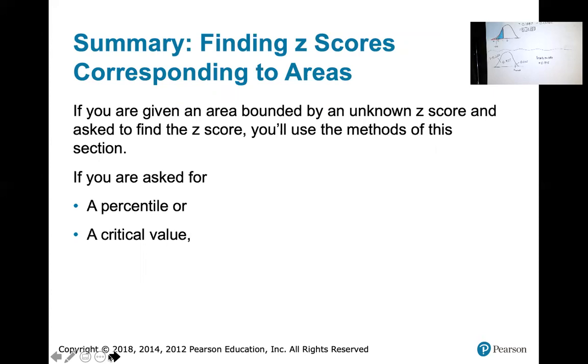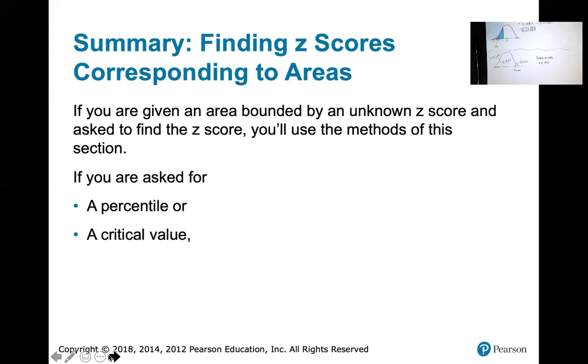They give you a percentile. They say find the 25th percentile. They're saying find the z-score with 25% of the area to the left and 75% of the area to the right. Percentiles indicate areas, and they're actually asking you for the z-score that corresponds to that certain area.